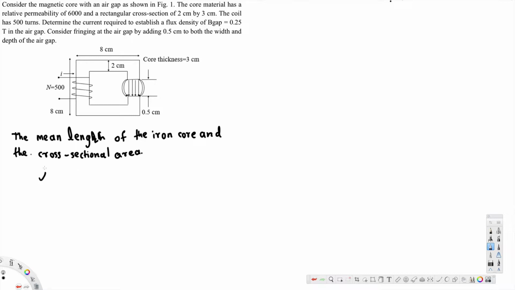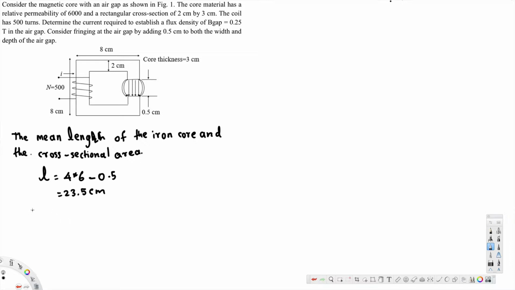Mean length is L, that is 4 times 6, double of this one 2 times 3, so the double of this one is 4 times 6 because we are looking at both sides. So 4 times 6 minus the gap, that is 0.5, and that gives us the mean length, that is 23.5 centimeter.